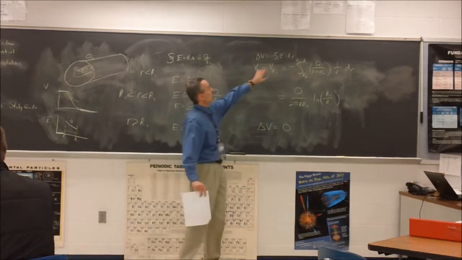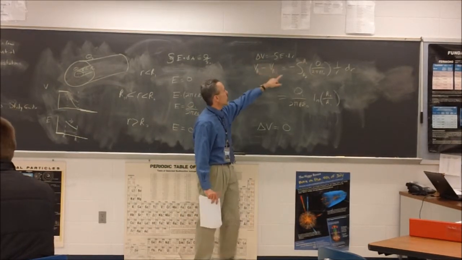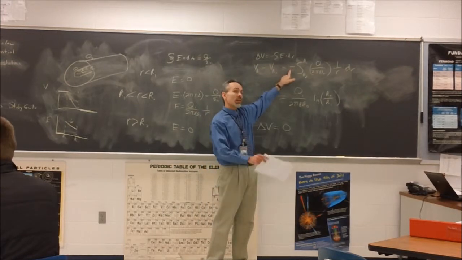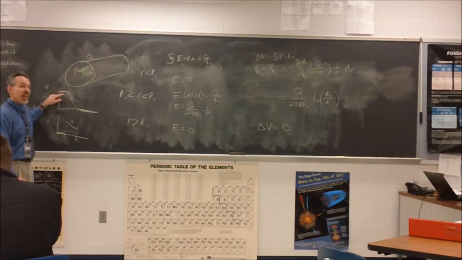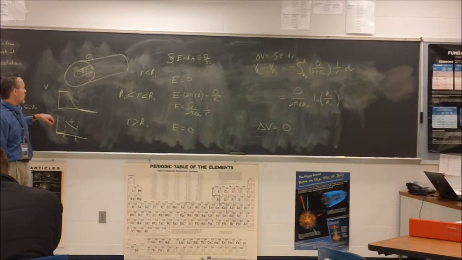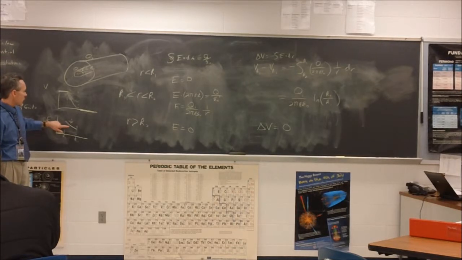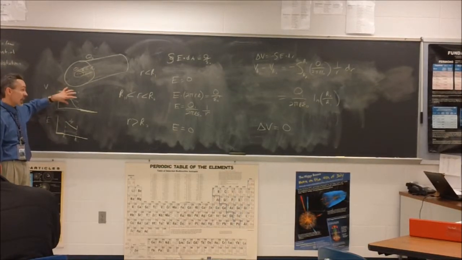Because the relationship between the potential, the change in potential, and the E field is related to the negative. Remember, the negative of the slope of this gives you this. So the negative slope of this one has to give me this.